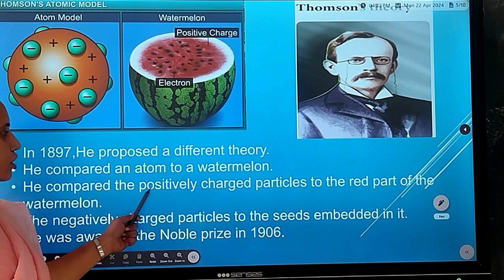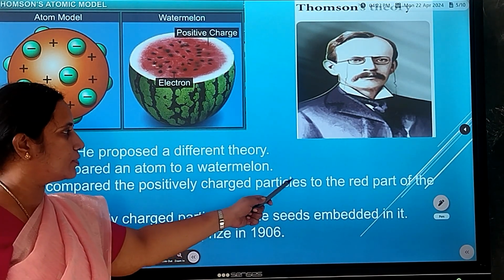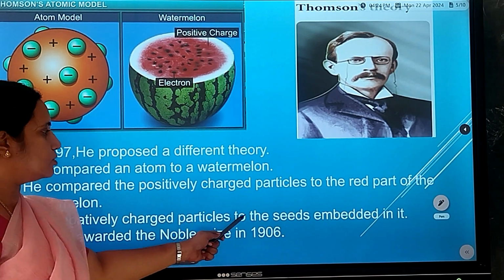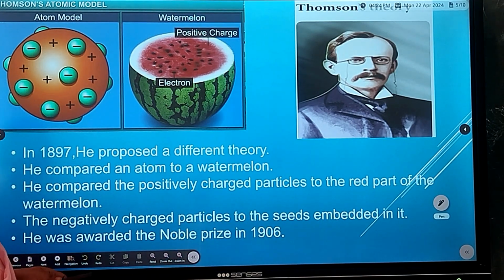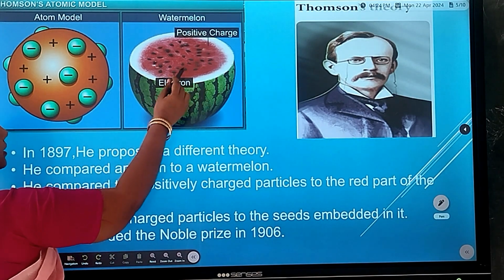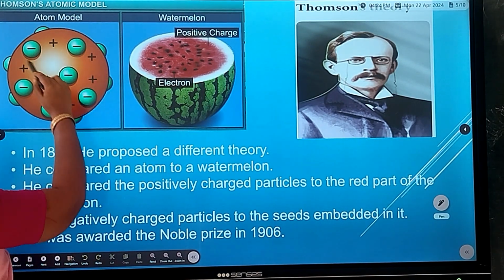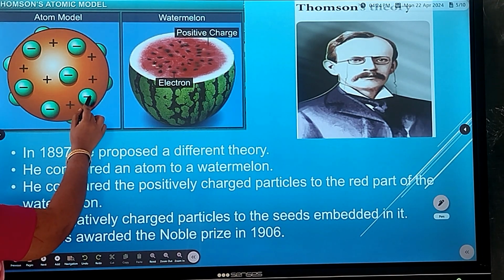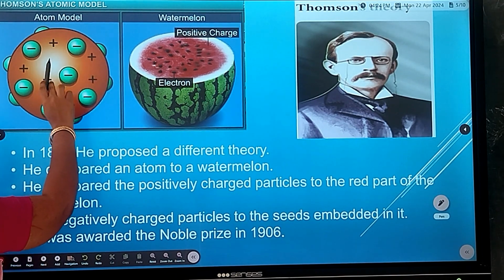He compared the positively charged particles to the red part of the watermelon and the negatively charged particles to the seeds embedded in it. Okay children, see, this is the watermelon, this is the atomic structure, and here are the positively charged particles and the negatively charged particles in the atom, children.